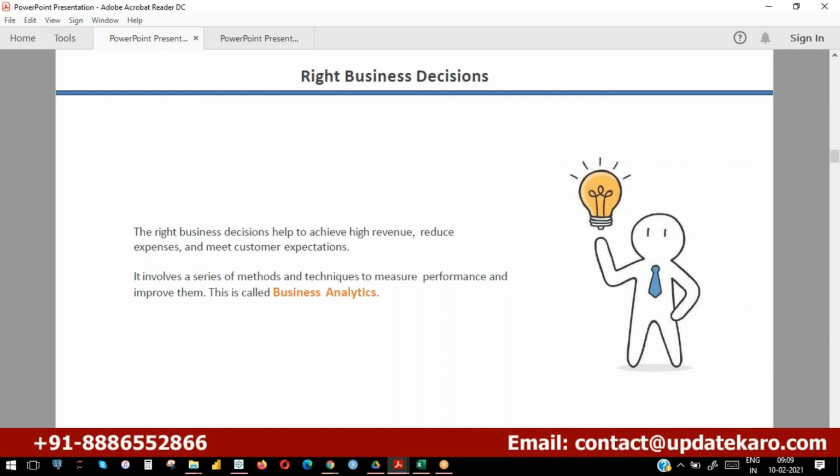If you are not achieving these three things, then you can straight away say that it is not a right business decision. So it involves a series of methods and techniques to measure, perform and improve them. This is called business analytics.